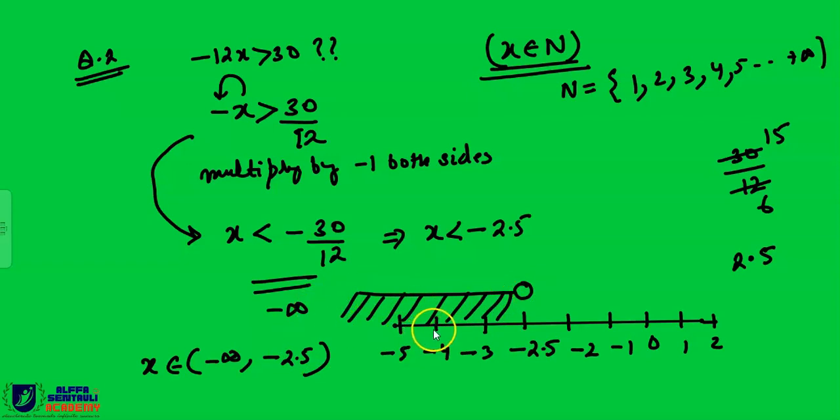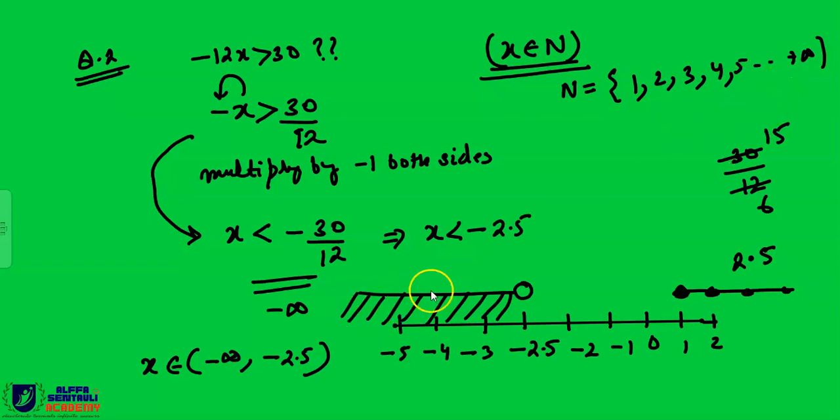But natural numbers start from 1, like 1, 2, 3, 4. So you will see your solution does not belong to the natural numbers.